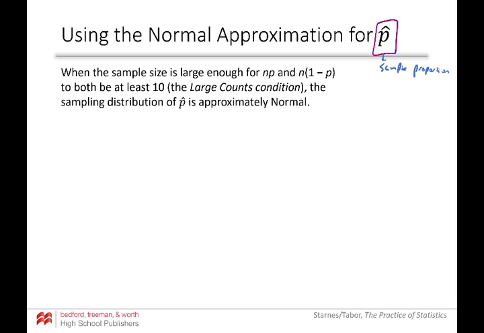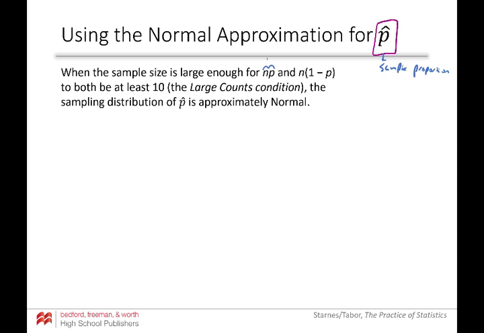When the sample size is large enough for NP and N times 1 minus P to both be at least 10, the large counts condition, the sampling distribution of P hat is approximately normal. So that means when we have a large sample size, to confirm it, we multiply that sample size times the true proportion, and that same sample size times 1 minus that true proportion.